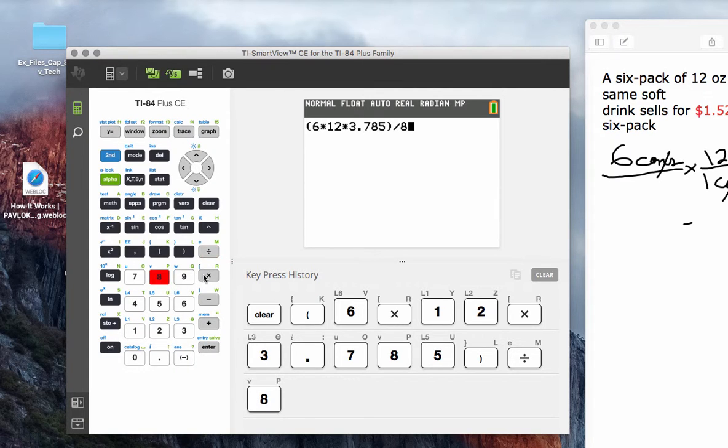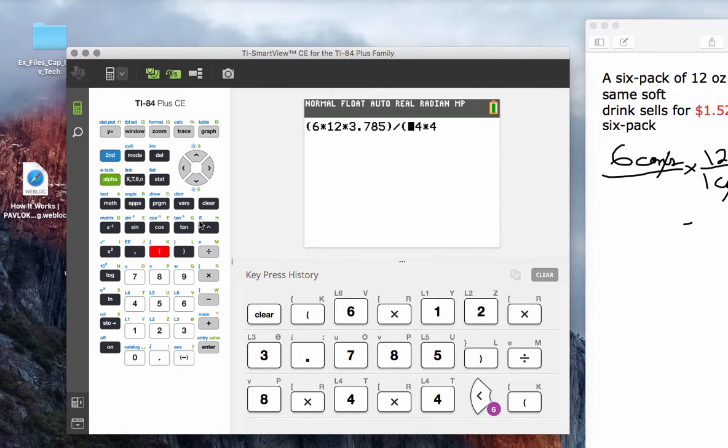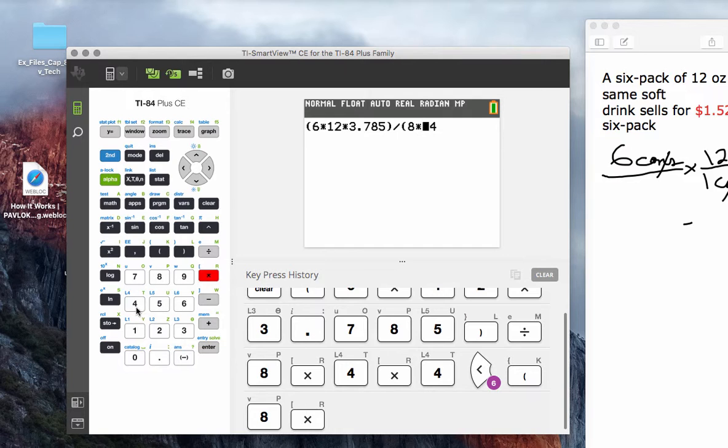I did something wrong here. I have to go back a little. I should have put this in parentheses. Divided by 8 times 4 times 4.